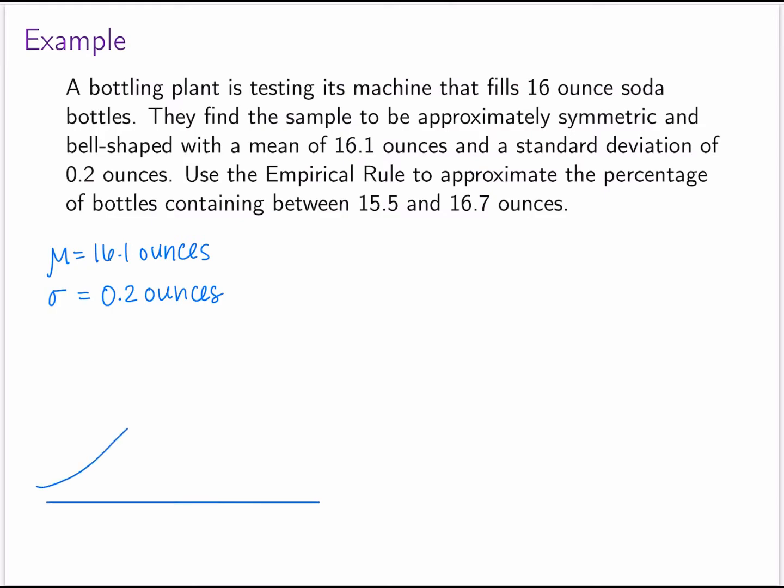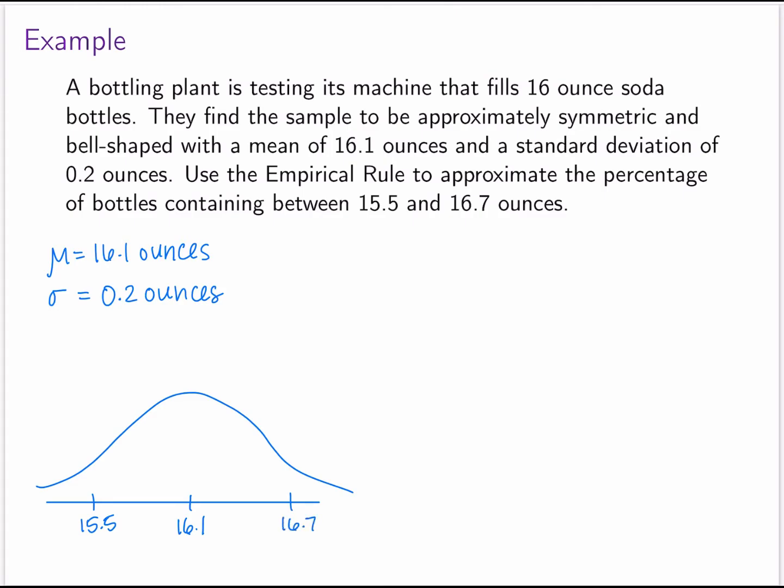So let's draw our picture to help us. Our mean is 16.1. Okay, and so let's approach this a little bit different. Instead of counting out and writing all pieces, counting by that standard deviation, 0.2, 0.2, 0.2, let's put the 2 points that we're curious about. So 15.5 and 16.7.